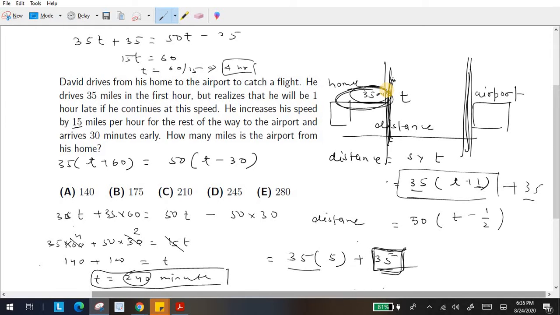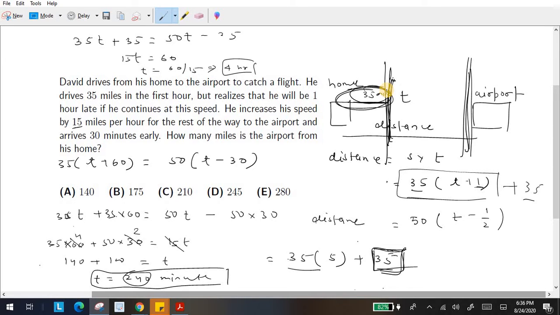So I'm saying he has to go in 4 hours, and if he continues, that will be 5 hours in total, and then he was going to be 1 hour late from the time. It doesn't matter in the first hour how much he drives, because he drives at 35 miles an hour the entire way, I'm assuming, because I'm counting that he's going to be 1 hour late.